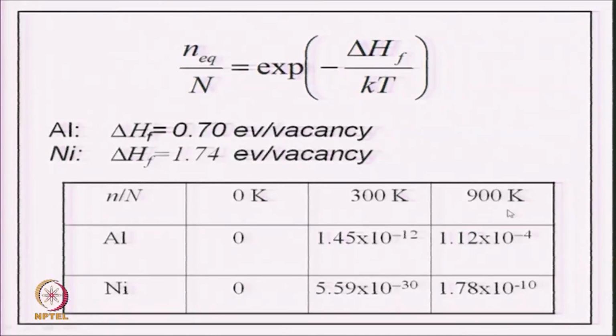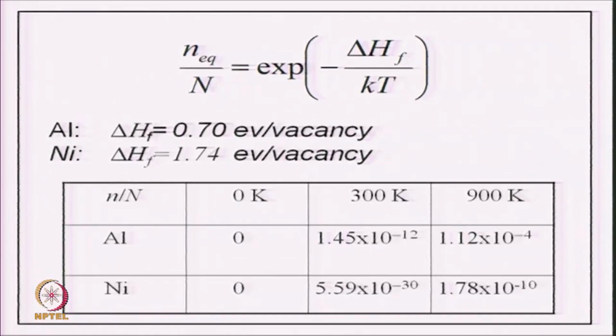Aluminum at 900 Kelvin is very close to its melting point. So, close to the melting point, vacancy concentration becomes quite high, whereas nickel is still far away from its melting point. So, although the vacancy concentration has gone several orders of magnitude higher at 900 K, the temperature is still much lower than its melting point.